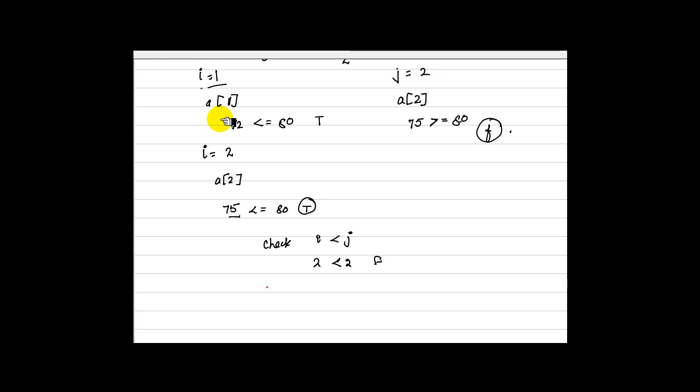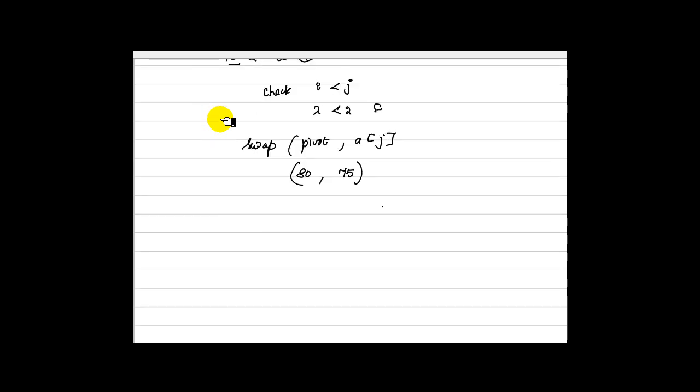It is false. Hence we have a swap between the pivot element and A of J. Our pivot element is 80 and A of J is 75. So we swap 80 and 75, and hence we get 75, 72 and 80. Now 80 is in the correct position.